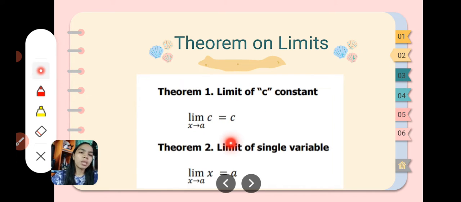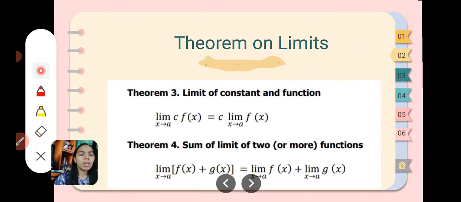Then for theorem 2, the limit of a single variable. The limit of x as x approaches a is equal to a. We substitute the value of x as it approaches a. So the answer is a. And the third one is the limit of a constant and a function.